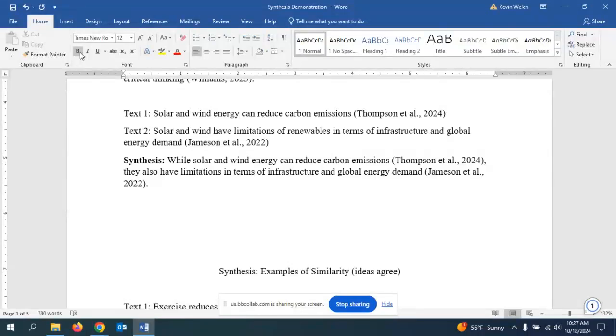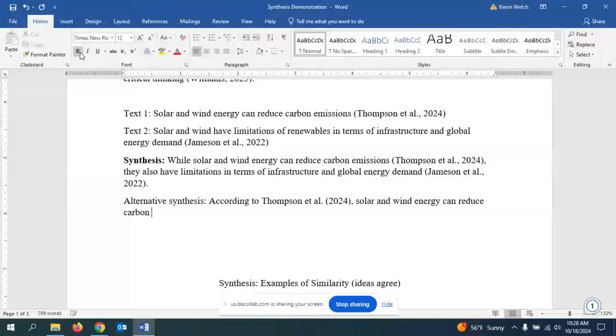Now, just so in case you were curious about this, we've talked about how you can introduce a quote in a different way. An alternative way of phrasing this synthesis would be something like, according to Thompson et al. 2024, solar and wind energy can reduce carbon emissions.